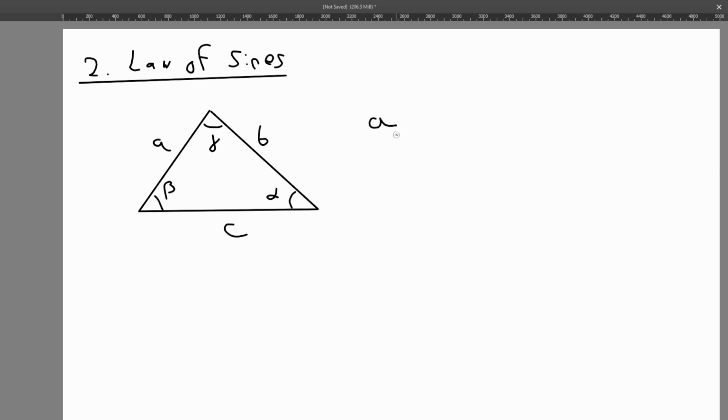So the length A divided by sine of alpha is equal to length B divided by sine of beta, as well as equal to the length C divided by sine of gamma.